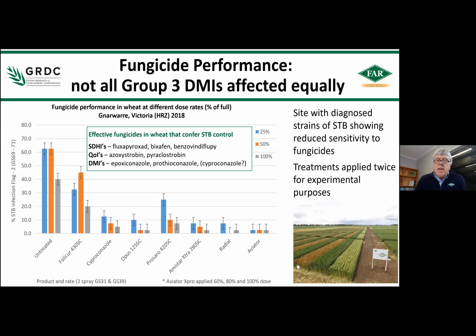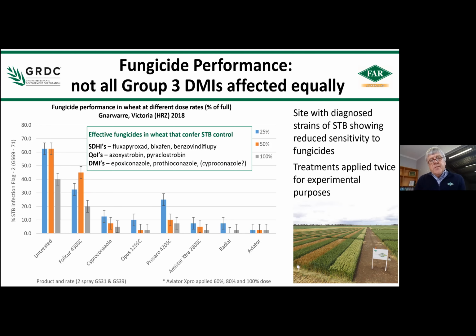What you can see is that our mixture products, such as Radial, which is a combination of a DMI and a QOI, in that case epoxyconazole and azoxystrobin, is working very well. Aviator Xpro, in this example, applied between 60 and 100% dose, also working well. That's bixafen and prothioconazole.